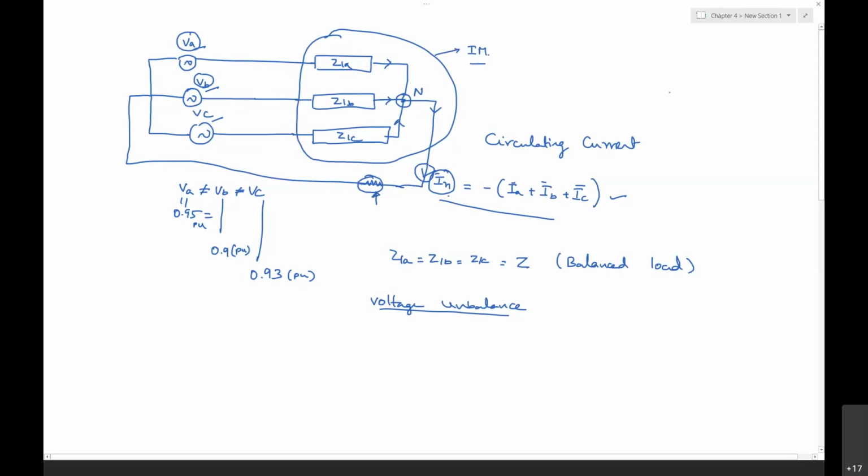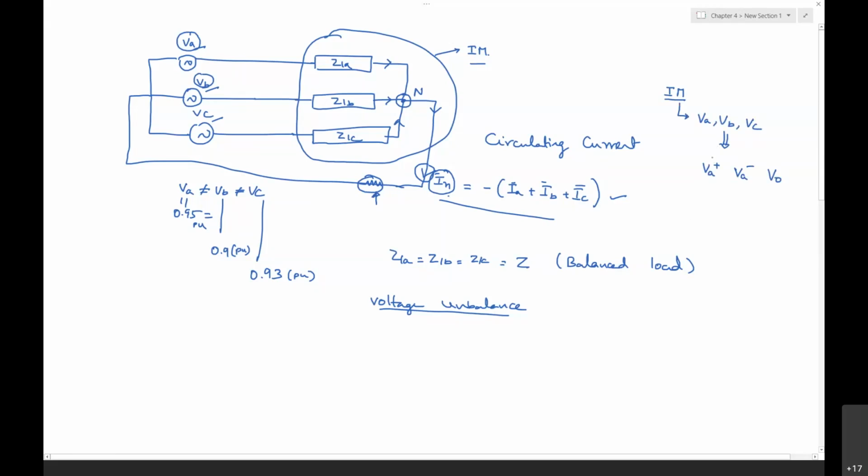If you want to know the effect of voltage unbalance on the induction motor, we are supposed to resolve the voltages VA, VB and VC into symmetrical components. That is the VA positive sequence, the VA negative sequence and V0.